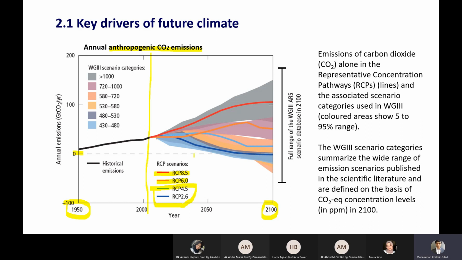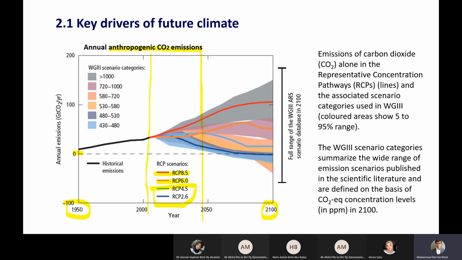It will rise to some point, probably until 2050, then it will start to deaccumulate. At this point, for the light blue one, during this year it will go down. The annual emission will go down, thanks to the initiative, this initiative RCP 4.5.